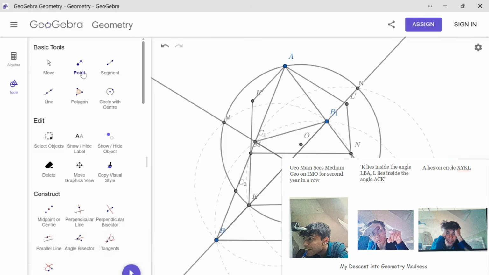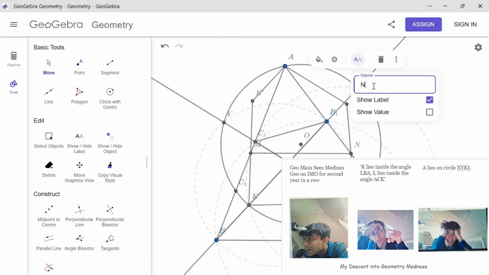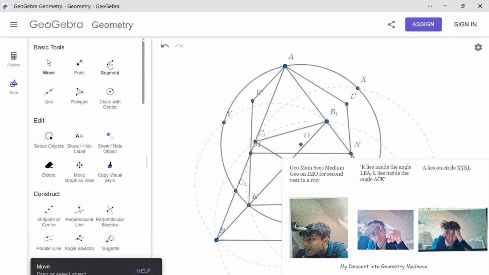Okay, so we definitely need to put these points in. Okay, let's say this one's Y and this one's X. Yeah, you definitely need to have these points.